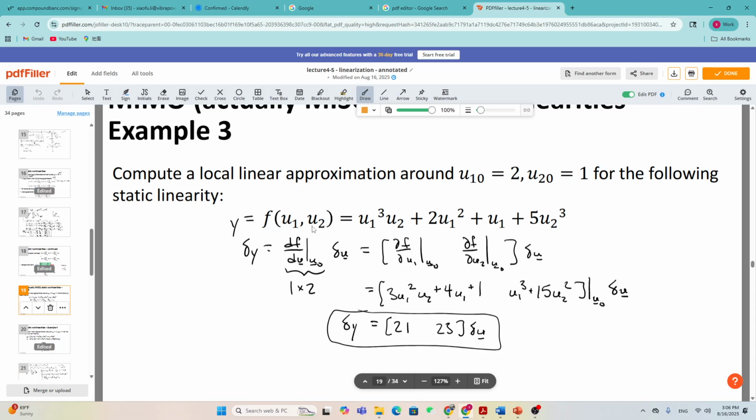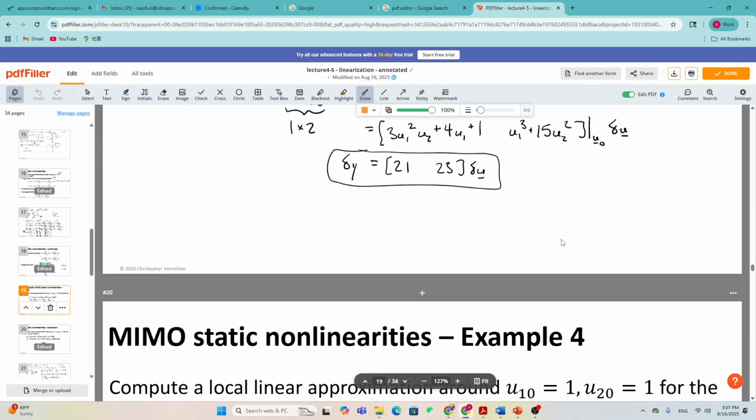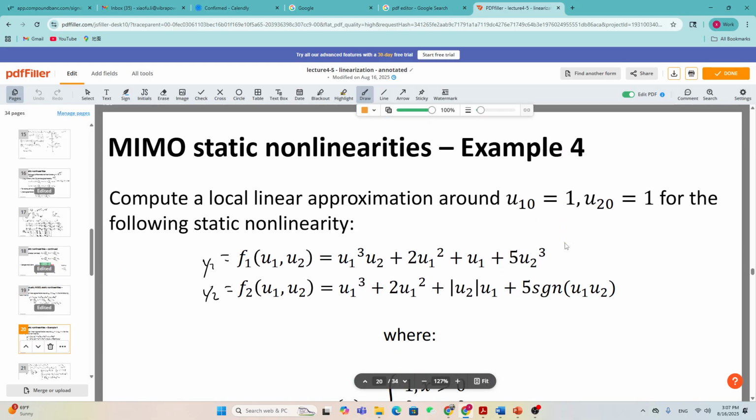The partial derivative of f with respect to u2 gives u1 cubed plus 15u2 squared. With the linearization point we've already defined, 2 and 1 for u1,0 and u2,0, we plug it in and get this linearization function.